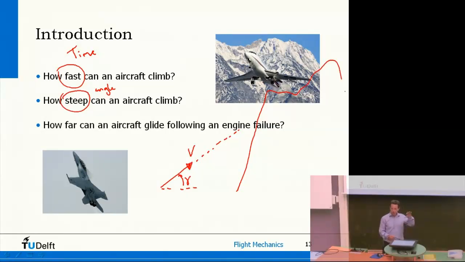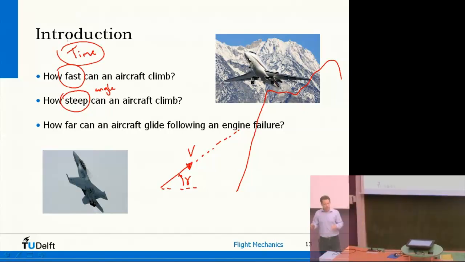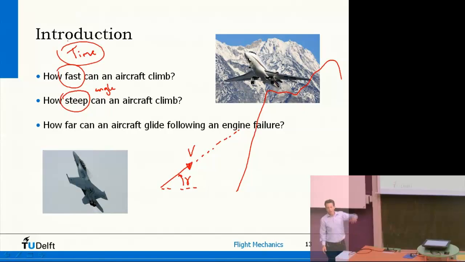So steep is about an angle, and time, or how fast, is something different because that's more relevant. For example, if you take a civil aircraft, you want to get to 10 kilometers altitude as fast as you can, simply because you can fly very efficiently there. Or maybe you're in a fighter jet, you want to get to 10 kilometers altitude in the minimum amount of time, because that's where the fight is going on.